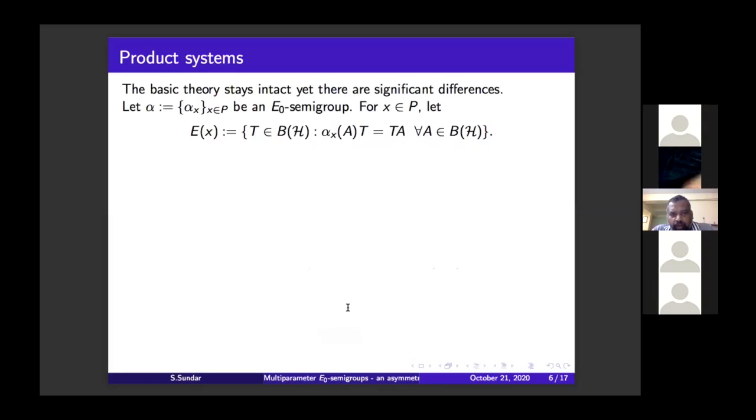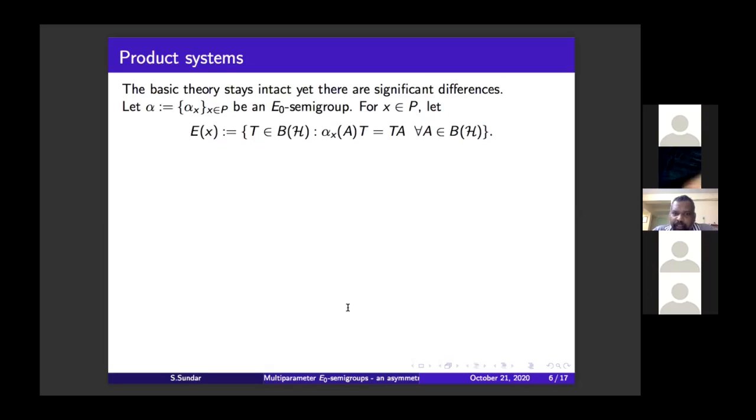We start with an E0 semigroup alpha_x, and for each x, look at this set E_x, which is the set of T belonging to B of H such that alpha_x of A times T equals T times A for all A in B of H. So you can view alpha_x as an endomorphism of B of H. You can view alpha_x as a representation of B of H on H, and you also have the identity representation of B of H on H. And this space is the space of intertwiners between alpha_x and the identity representation.